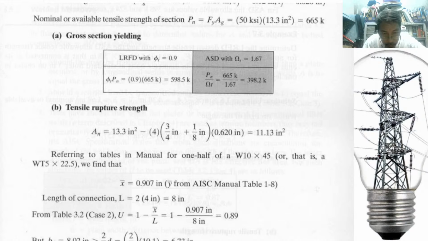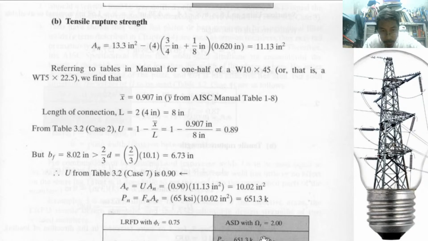Then times 0.9, because we have 0.9 as our value of U, and multiply by 65.